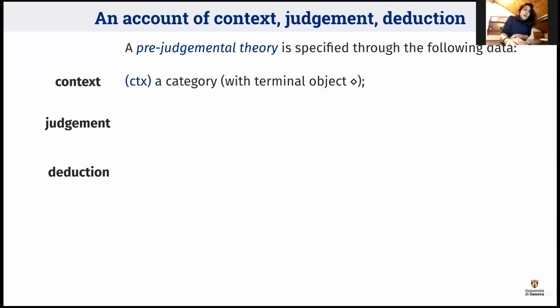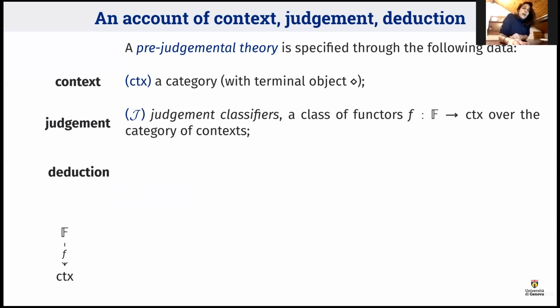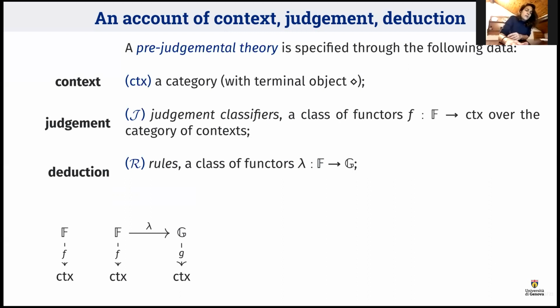A category, Context, collecting contexts and substitutions, and usually we'll ask this category to have a terminal object, so that we can compute the empty context. Then a class of functors into Context, which we'll call judgment classifiers. You will see what I mean by this in a few slides.